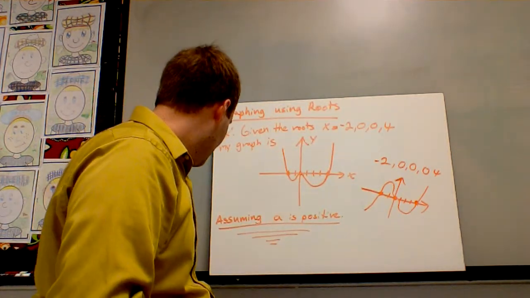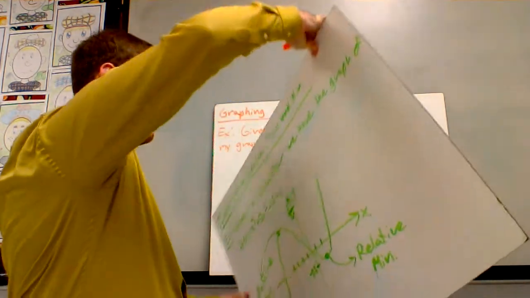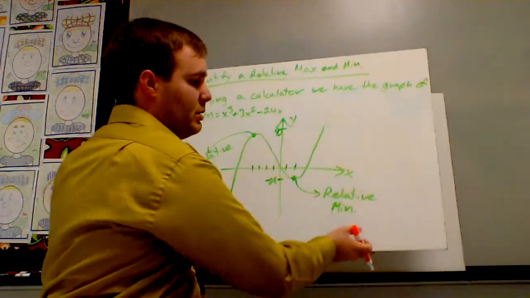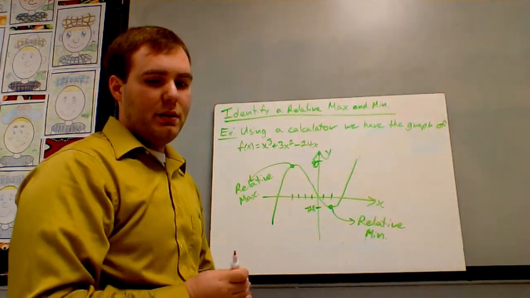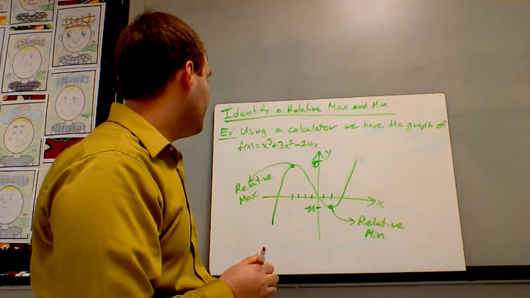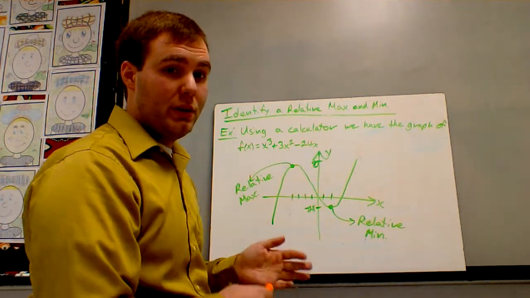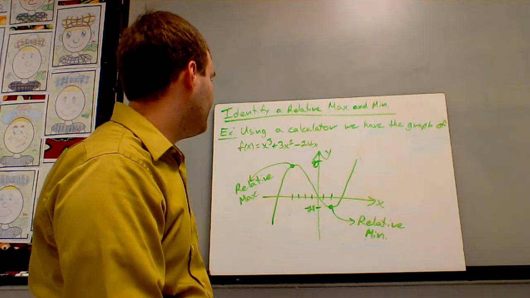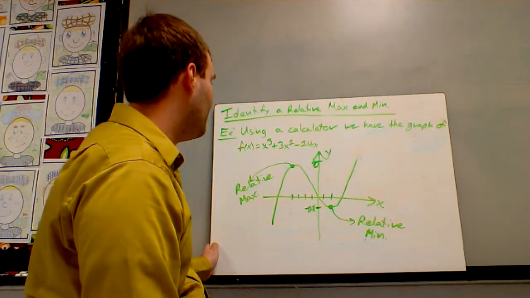Okay. Well, last thing we have to cover, and this is probably one of the easiest things to see for your students. This is identifying the max and min of an equation. So I'm going to give you a calculator for these just to be able to get the graphs of them, because I just care about you seeing the graphs and getting the information from it.